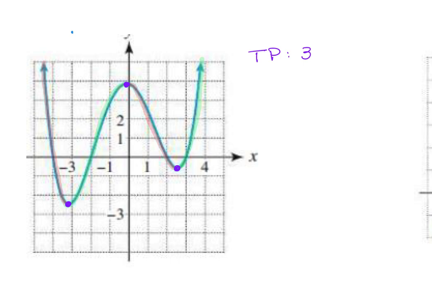All right, we want to estimate the x-intercepts. We have an x-intercept here at (-4, 0). We have one here at (-2, 0).